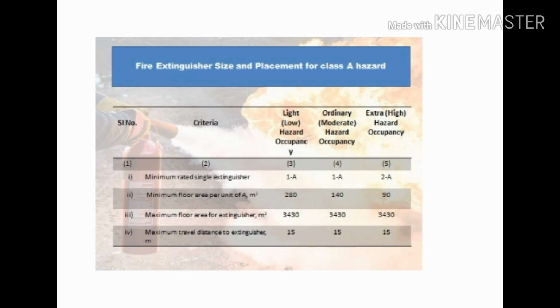Minimum floor area per unit of A in square meters is 280 for low hazard, 140 for ordinary, and 90 for extra. Maximum floor area for all categories of hazard is 3430 square meters, and maximum travel distance to extinguisher is 15 meters for all types of hazard.